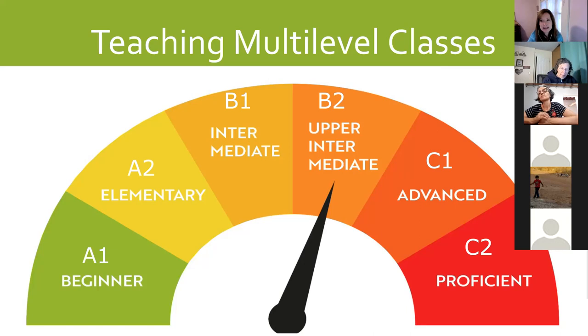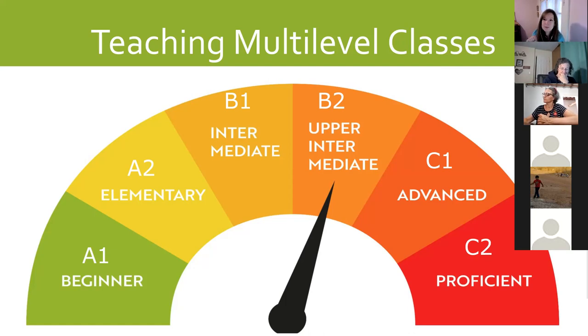Even if you are working one-on-one and you only have one student at a time, you will find that often the students have different levels in different areas. So they might be a beginner when it comes to writing, but they might be intermediate when it comes to speaking.